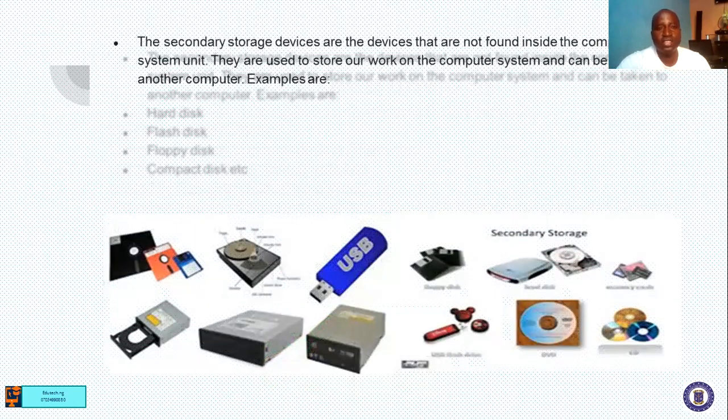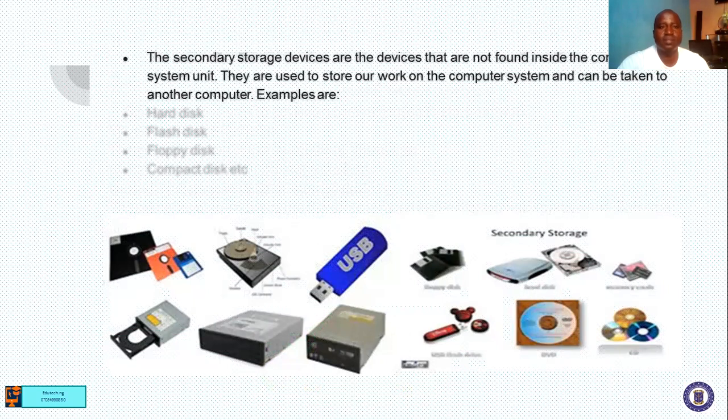Now, the secondary storage devices. The secondary storage devices are the devices that are not found inside the system unit. They are used to store our work on the computer system and can be taken to another computer. Since they are outside, they are also known as removable.